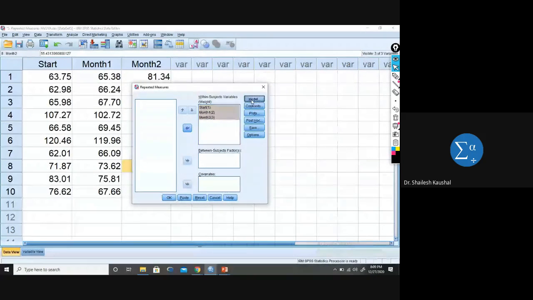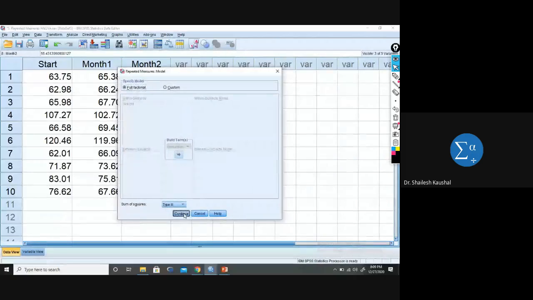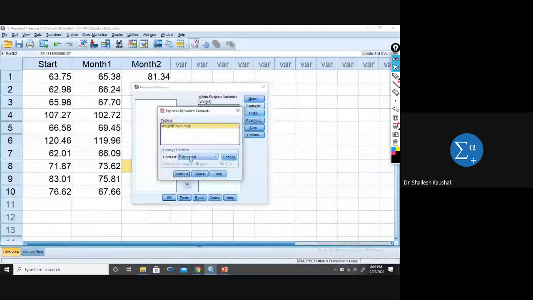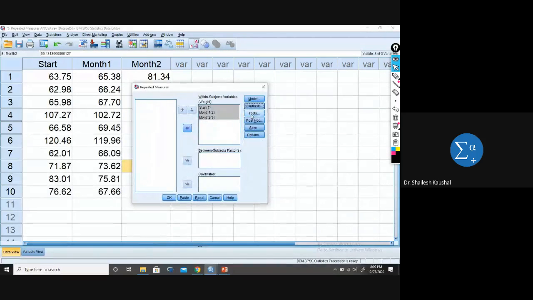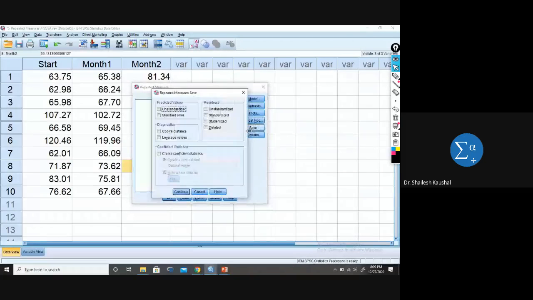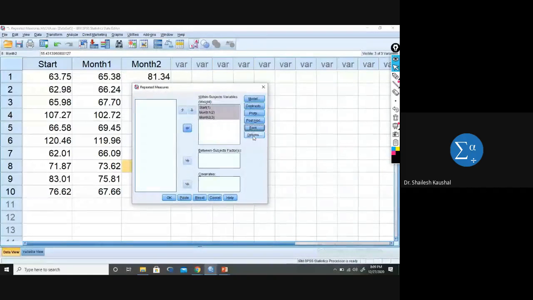Model, nothing to do here, continue. Contrast: I am changing it to repeated, and change, and then continue. Then plots, I do not need plots. Post hoc analysis, here we cannot do. Then save, I don't need to save right now.